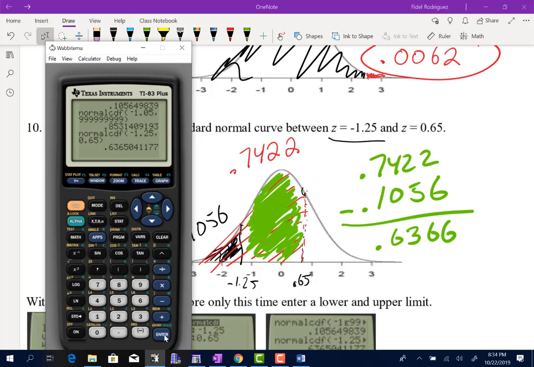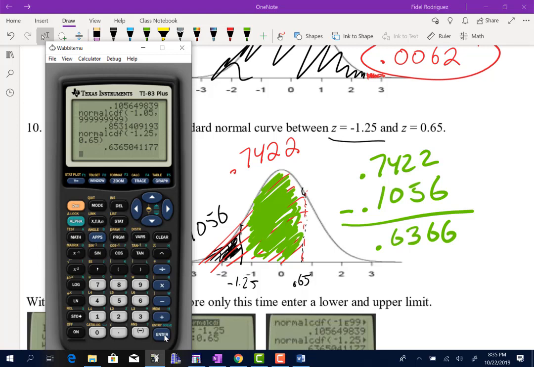And enter one more time. Oh, what did I do? Hit something there. Put too many commas. There we go. 0.6365. That's the same thing we got, right?